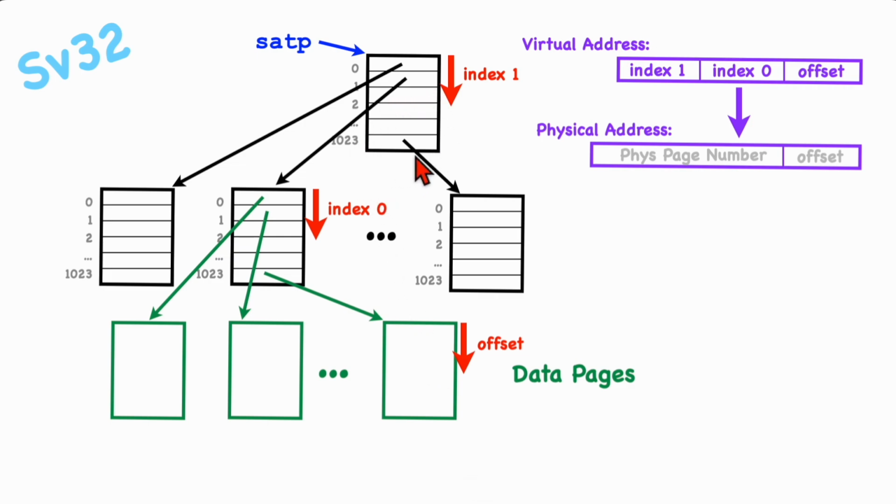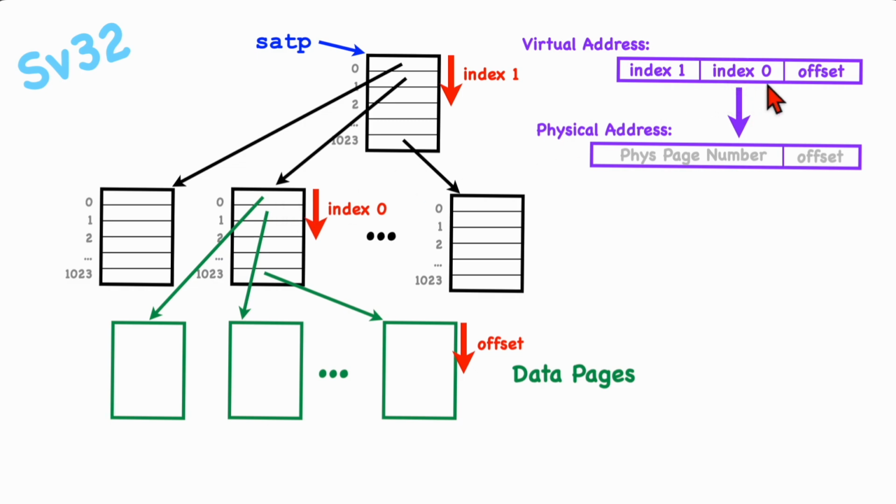Here's the root node, and here are the nodes at the second level, and here are the 4 kilobyte data pages at the bottom. The virtual address can be broken into 3 parts: virtual page number part 1, virtual page number part 0, and the offset. Part 1 is used to index into the root node to get a pointer to the next level.